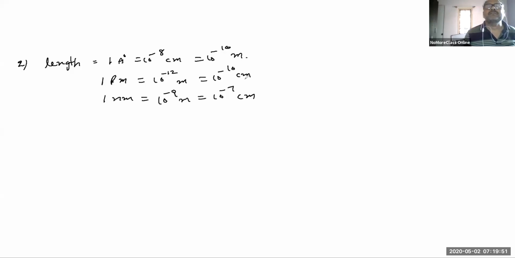Here this is 10 power minus 1 picometer, so you can write it is also 10 power minus 2 angstroms.